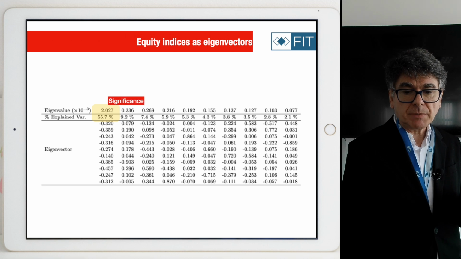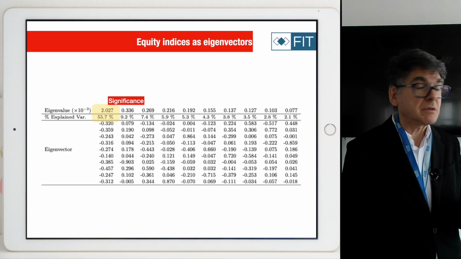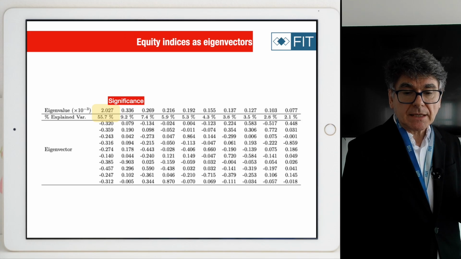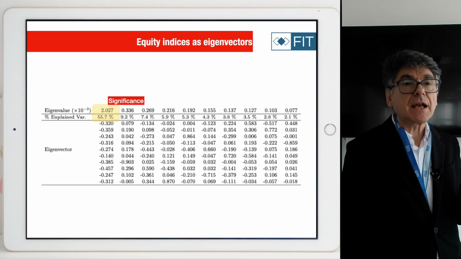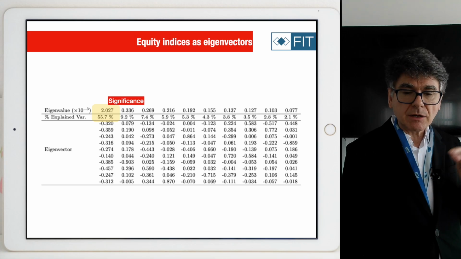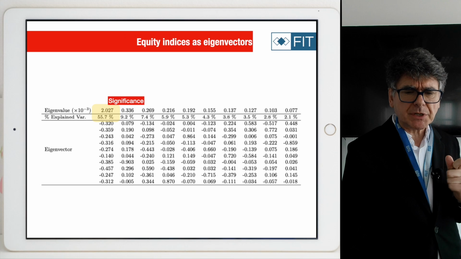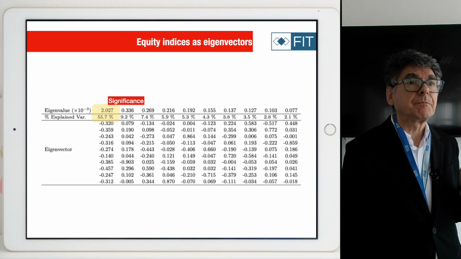And I can see that on top I have the significance. So I have the eigenvalue, which is 2 times 10 to the minus 3, very similar to yours. And the percentage that these eigenvalues explain is a little bit different from yours, because mine here is 55%. Why is mine 55% and yours was only 30%?